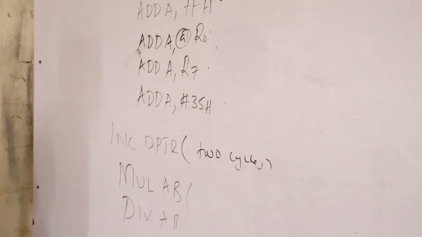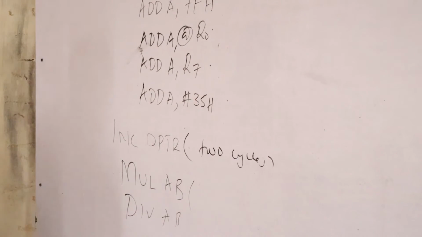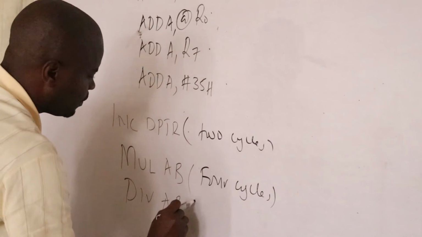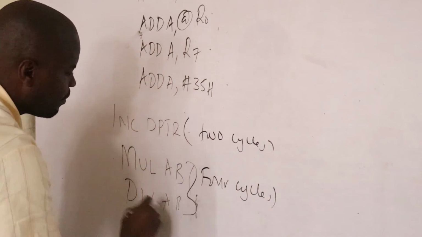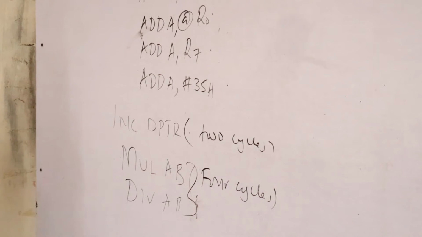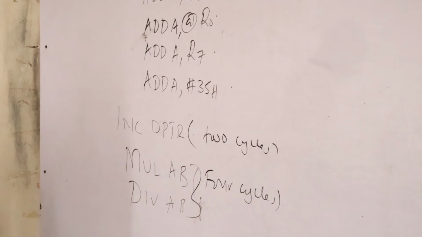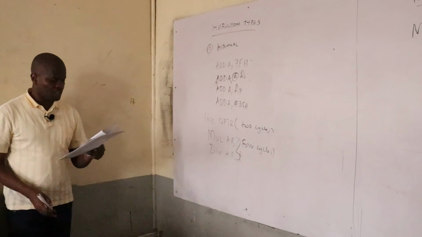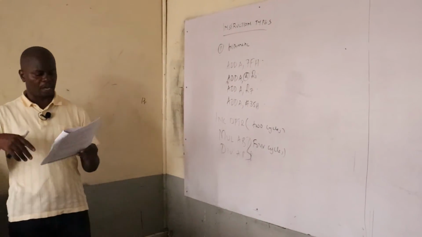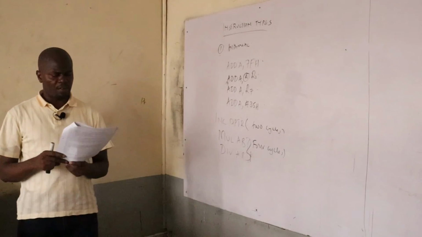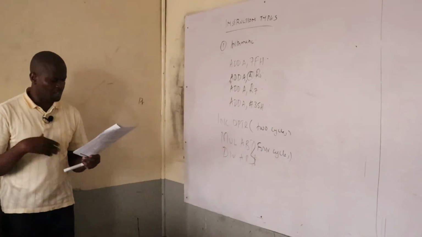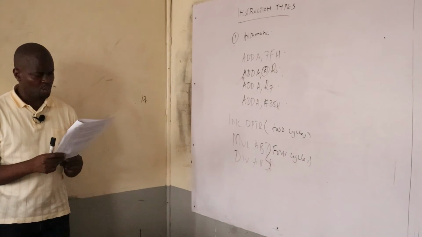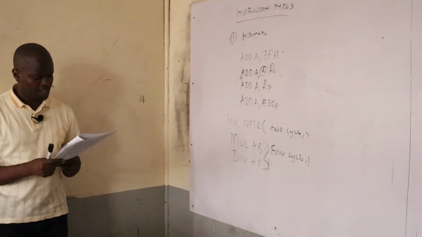Both of them have 4 cycles. So arithmetic instructions usually include subtract, add, divide and multiply. All those are referred to as arithmetic instructions.